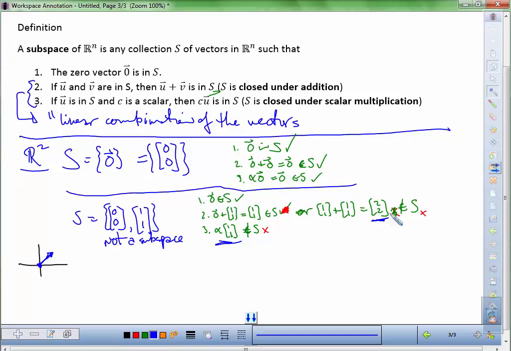I can account for all those vectors that were not in S here. What other vectors do I need to add on to my S? Jamie? And so that's what you guys were going to say?